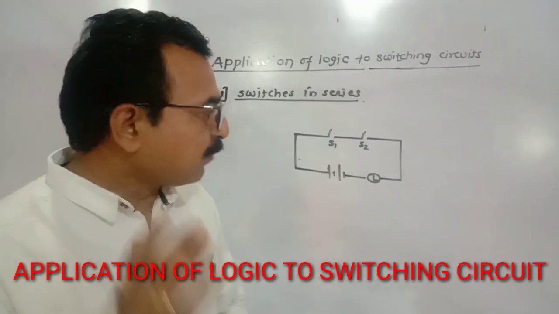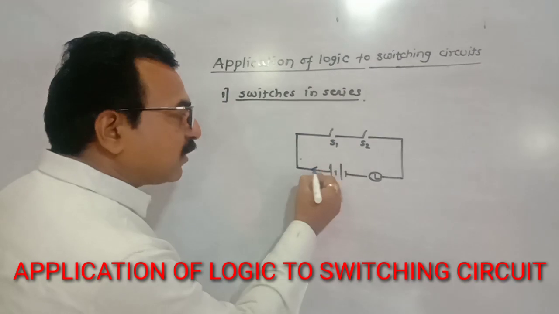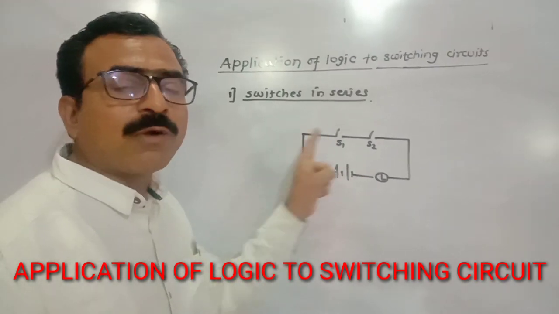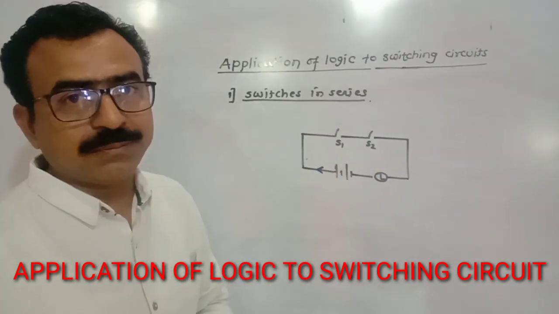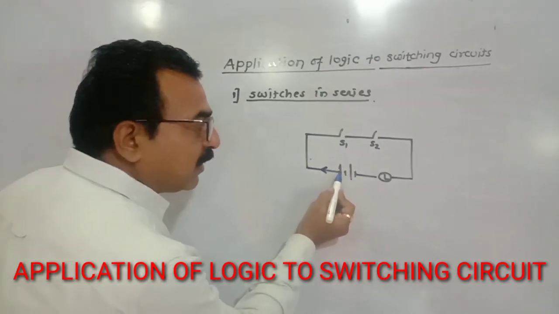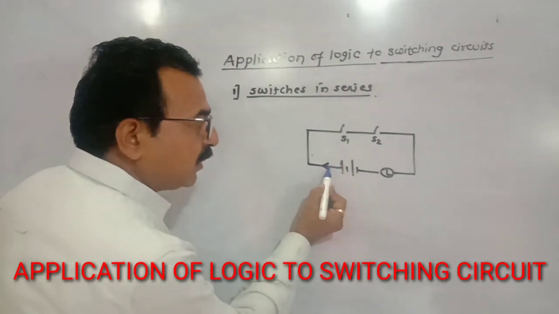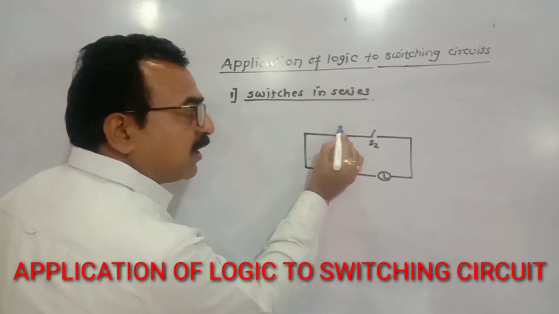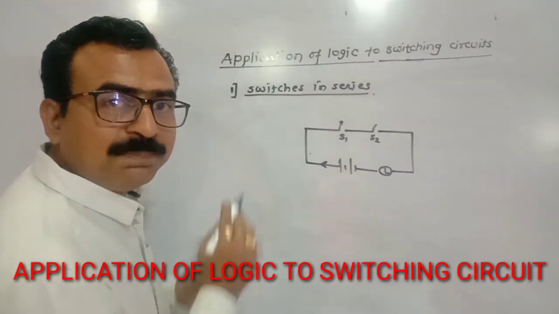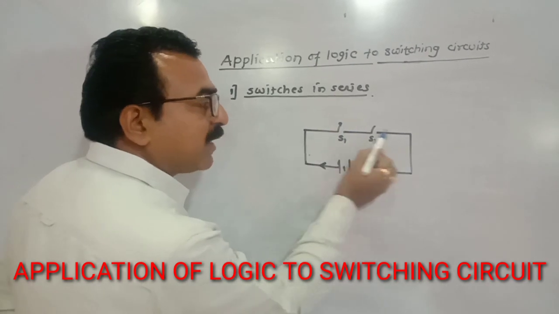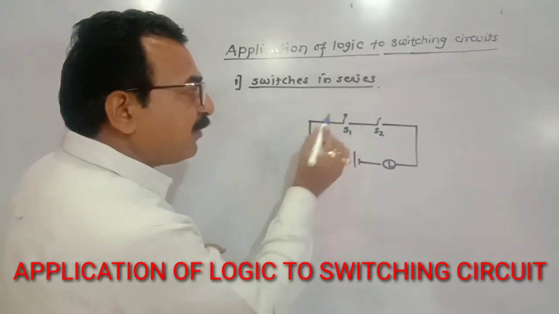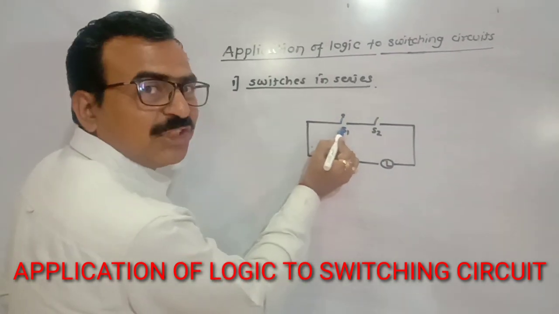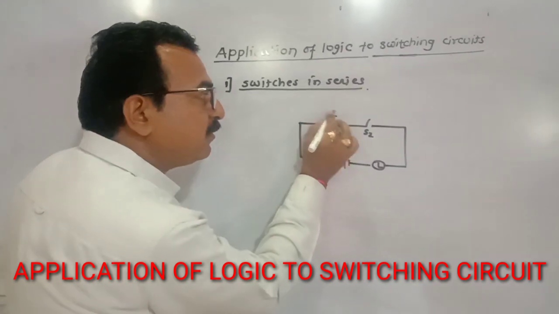So friend, you always know that current always flows from positive terminal to negative terminal. Here, the current flows from this positive terminal and reaches this point. But here the circuit is broken, and because of that this current cannot pass toward the lamp. So when this first switch is closed, then what happens?